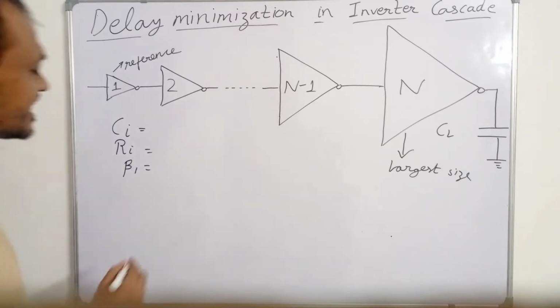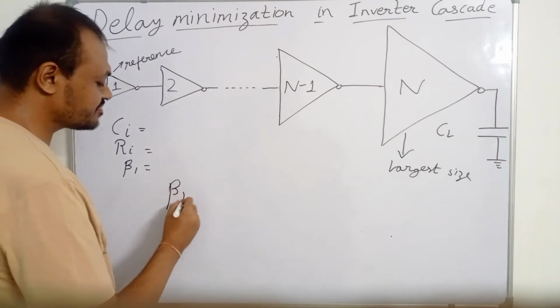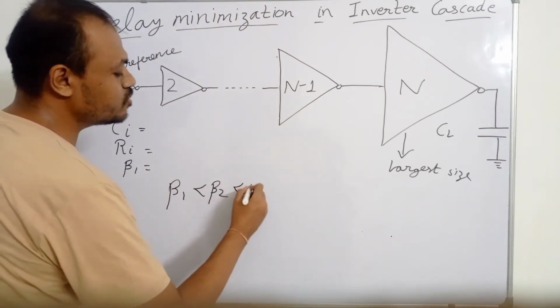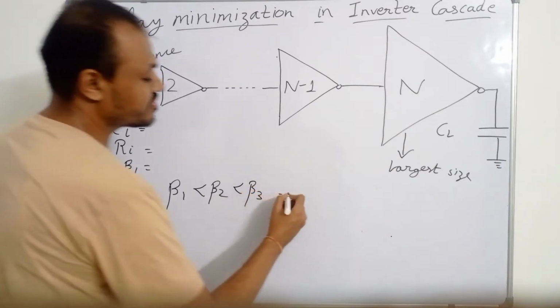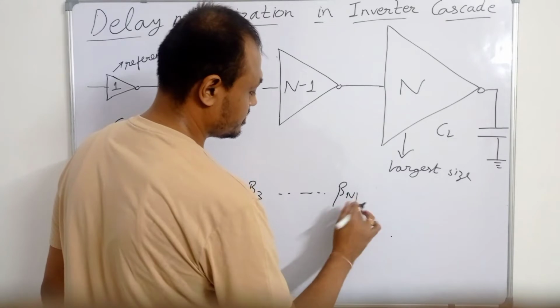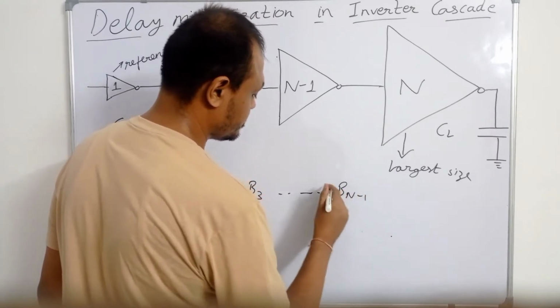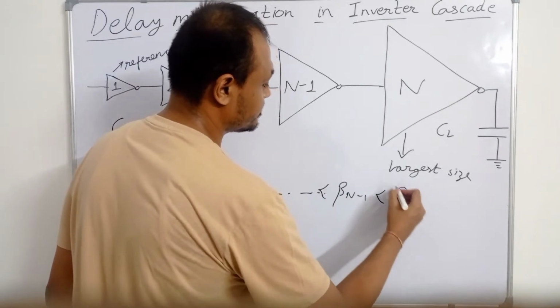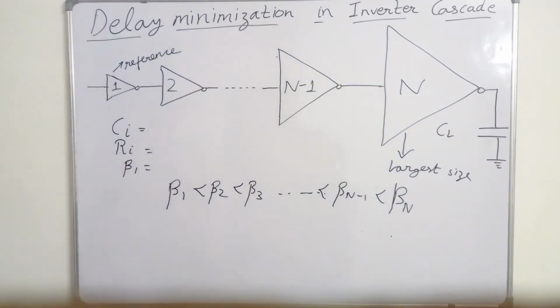So beta 1, the transconductance of the first inverter, is less than beta 2, is less than beta 3, up to beta n minus 1, is less than beta n. The transconductance of the nth inverter is the largest.